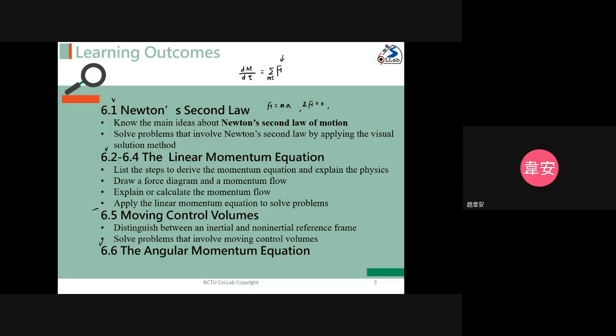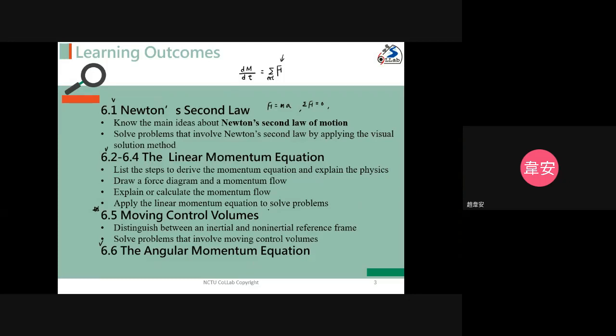The difference compared to chapter 5 is that in the momentum equation chapters, our control volumes can move. So we need to know how to process the problem with moving control volumes.